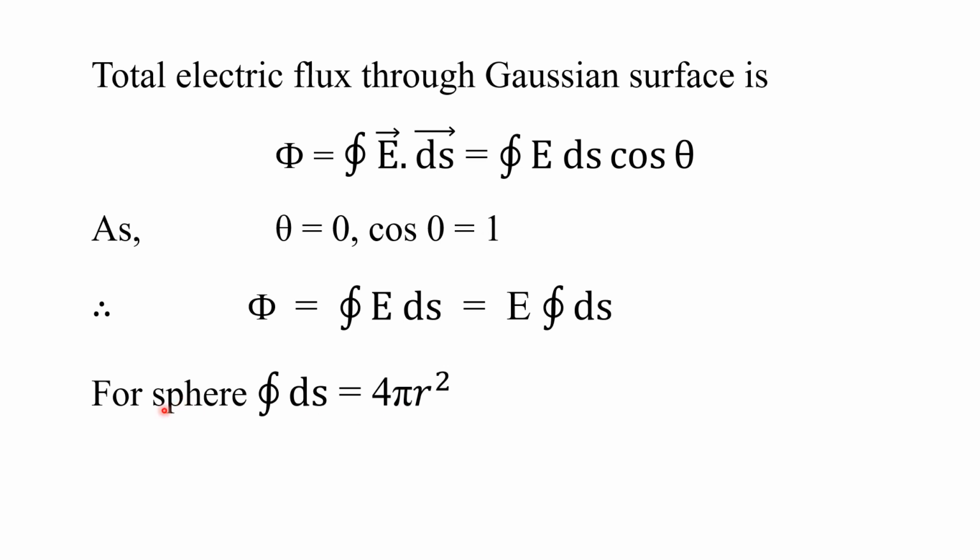For a sphere, the integration of ds means the total surface area of the Gaussian surface, which is 4 pi r square. Putting this value in the equation, we get phi is equal to E into 4 pi small r square, equation number 2.